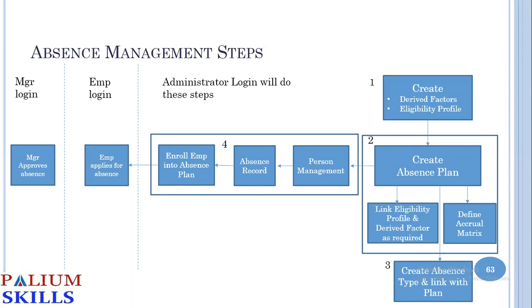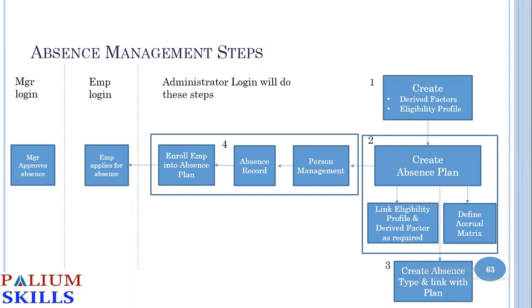Along with the absence plan, we will link our eligibility profile, we'll link our derived factor, and we will define an accrual matrix, meaning what is the rate of accrual of the leave. So it could be maybe 2 days every month. So in a year, 12 months, 12 into 2, 24 days of leave a person accrues in a year. Out of that, there might be a carry forward of, let's say, 10 days maximum.